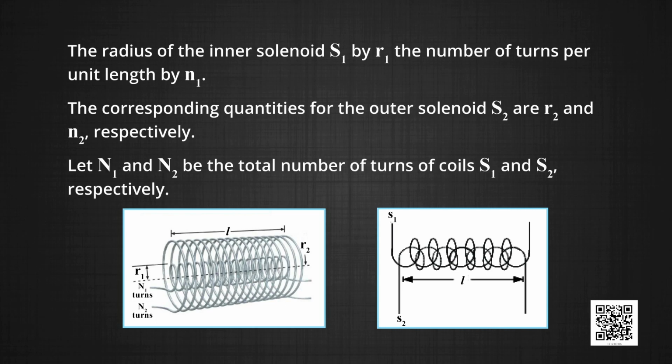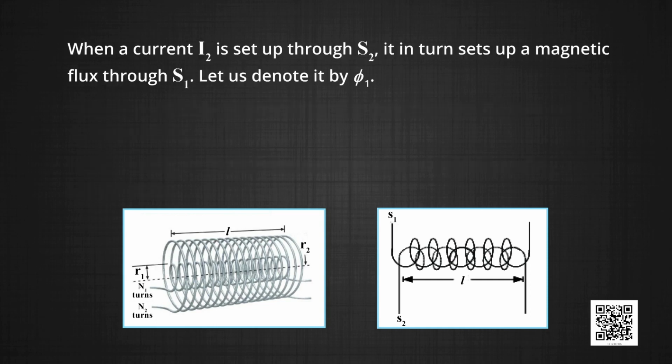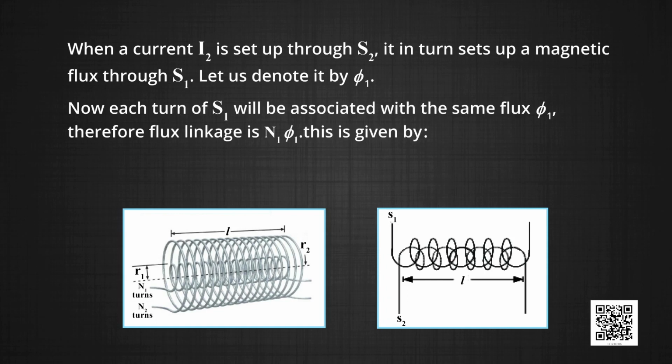Let capital N1 and capital N2 be the total number of turns of the coils S1 and S2 respectively. When the current I2 is set up through S2, it in turn sets up a magnetic flux through S1. Let us denote this flux by phi1. Now each turn of S1 will be associated with the same flux phi1.